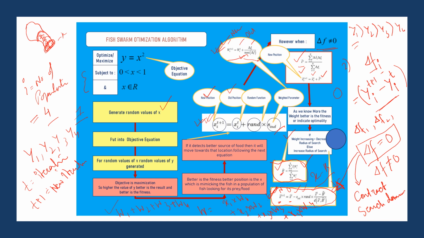Before the beginning of the algorithm, you need to define how many populations you want to generate for your design variable, and also the number of iterations. These two are most important. Say we will iterate this. T is the number of iterations. Iterate 2000 times, and we will generate 4 populations. So I is equal to 4.